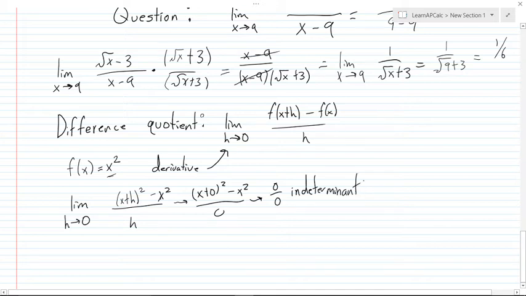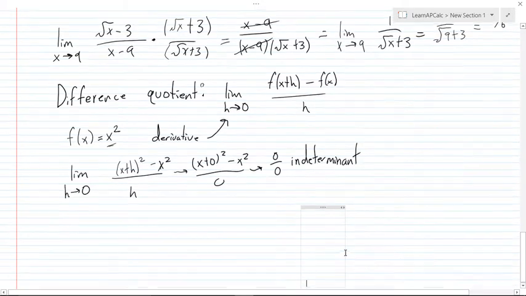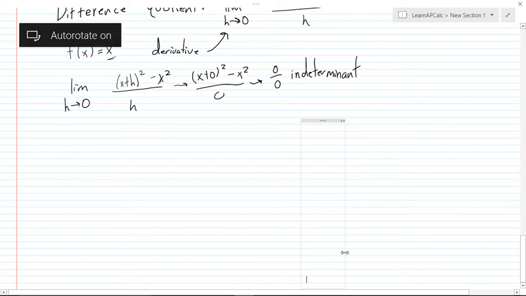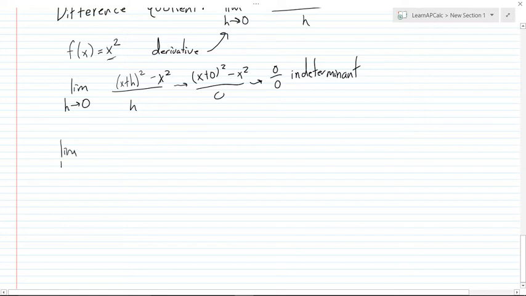So we have to do a little more work. Let me just scroll down for a second. Okay. So it's indeterminate. We have to do more work on the problem. The first thing you should always do is if you have something squared or a polynomial like this, you should multiply it out.